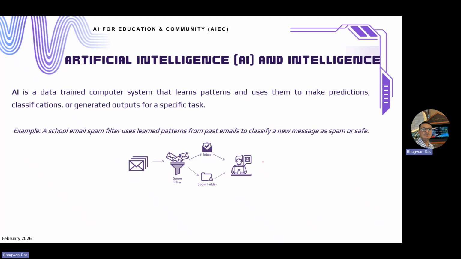This learning pattern is one example of artificial intelligence, because you are utilizing a computer system that learns from patterns whether the email should go to the inbox or to the spam or junk folder.